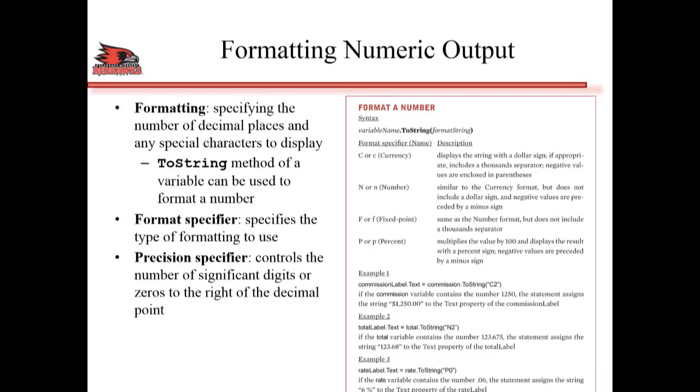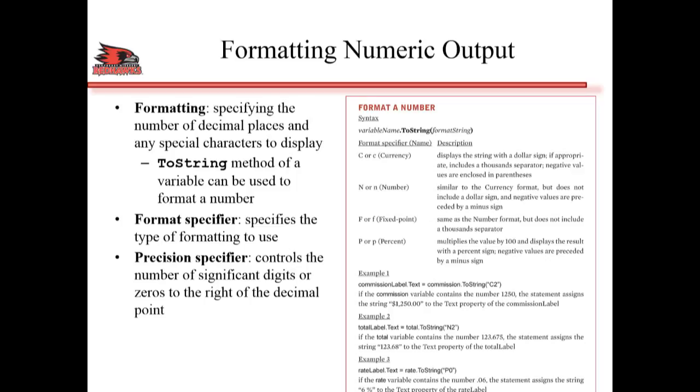So the final topic of this class is formatting numerical outputs. Once you have your numerical values assigned to numerical variables, you want to display that in some sort of text box or a label.